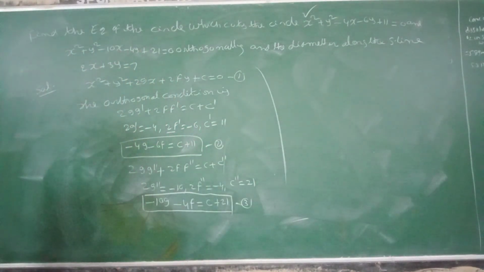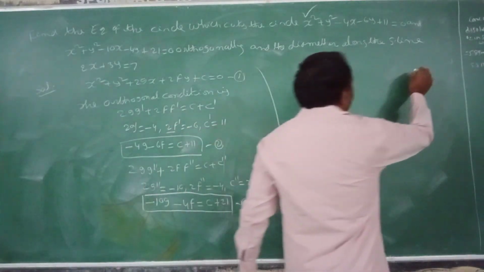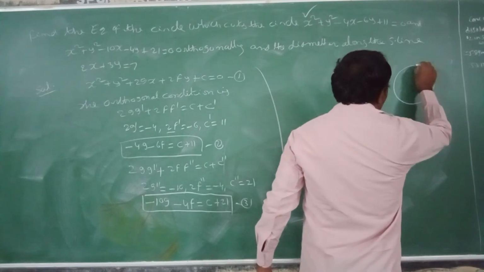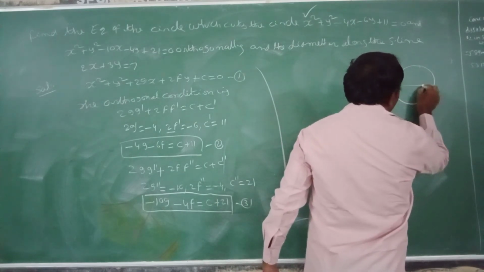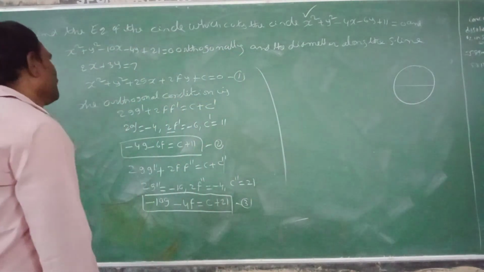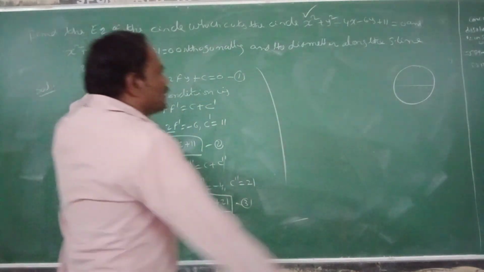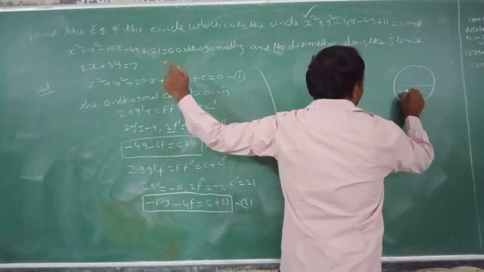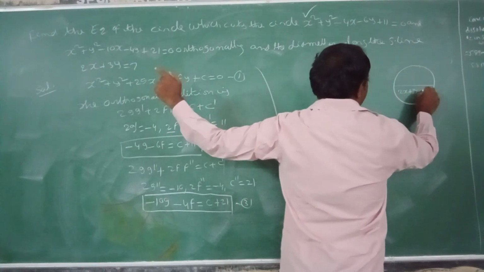The required circle has its diameter on the line 2x plus 3y minus 7 is equal to 0.